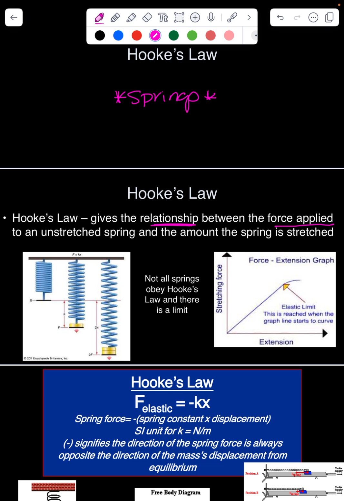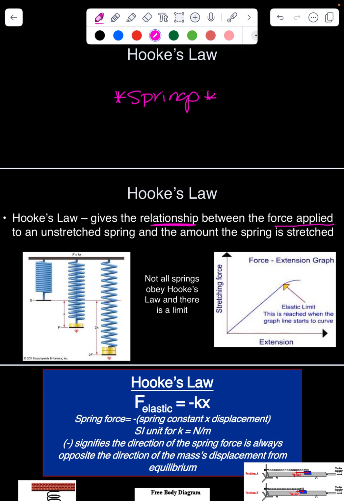So, what it says is that the extension of a spring is directly proportional to the force that is exerted on it. We're going to be proving that in just a little bit. Now, not all springs, think about the springs in the spring scales that we've been using, or we're going to look at different springs later on.